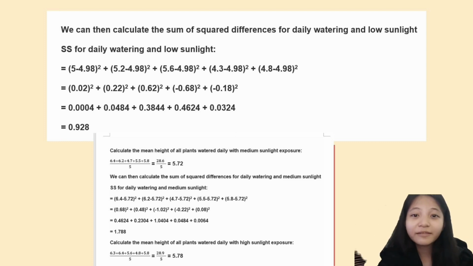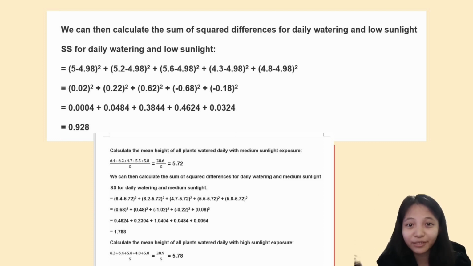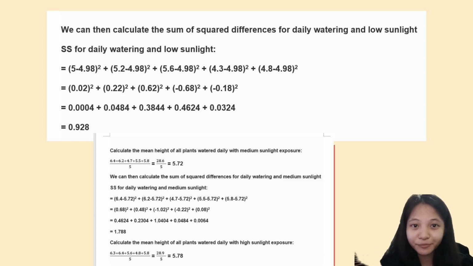Next, calculate the mean height of factor A with medium sunlight exposure. So, together, 6.4 plus 6.2 plus 4.7 plus 5.5 plus 5.8 divided by 5 equals 28.6 divided by 5 equals 5.72. So, given the mean, which is 5.72, we can then calculate the sum of square differences for factor A with medium sunlight exposure.